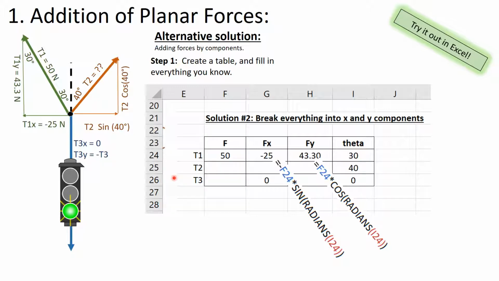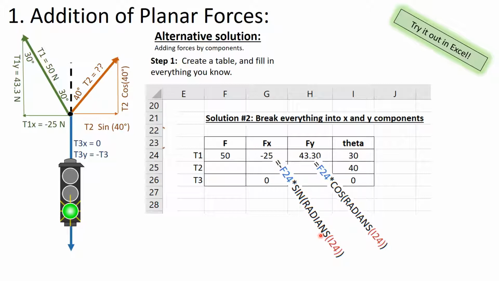So here's one way to organize it. What we're going to do is create one row for each of these forces. So here's T1. So T1 is 50. It has an x component and a y component. And we're just going to fill in the magnitude of that force. And right here for our x component, we can put in sine of the angle.